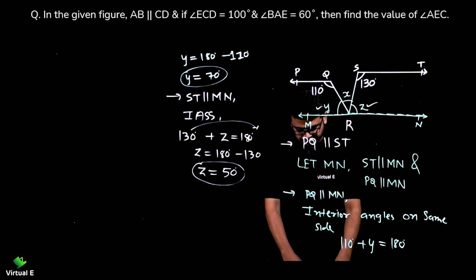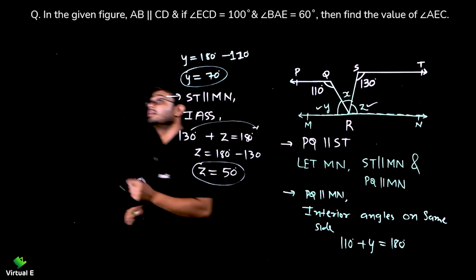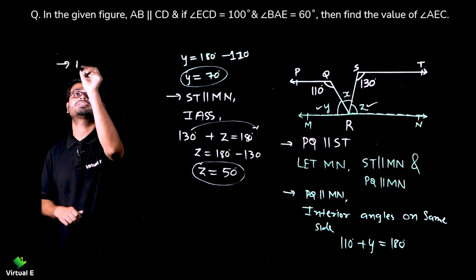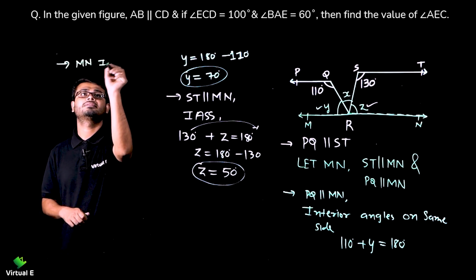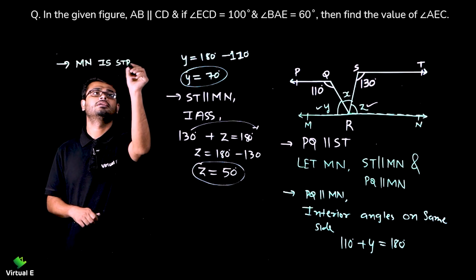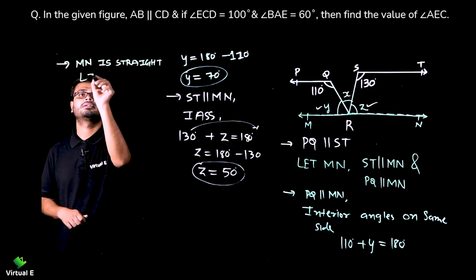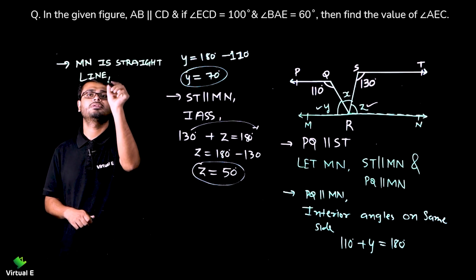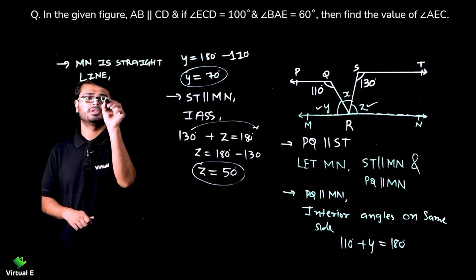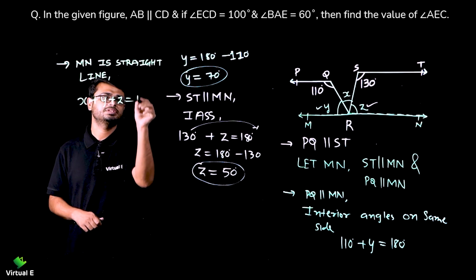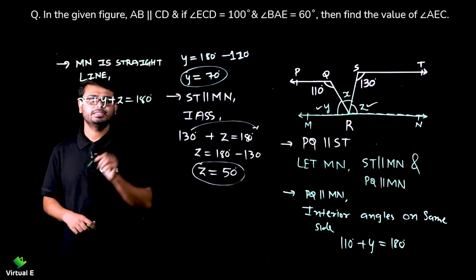Okay, let's move on to the last step, that MN is a straight line. So what can we write? X plus y plus z is equal to 180 degree.